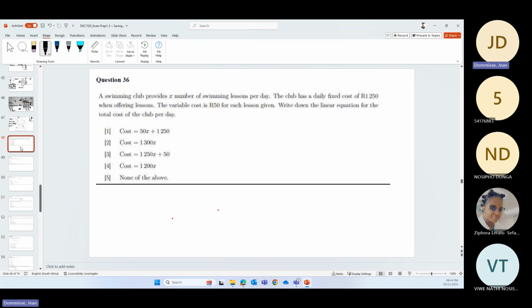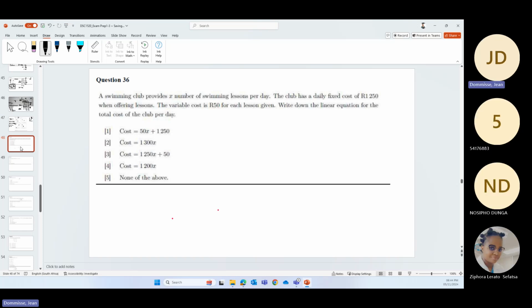Okay, then, and I'm not always sure to what level, sometimes they try to also confuse one with certain word sums. So we're looking here at variable cost, fixed cost.